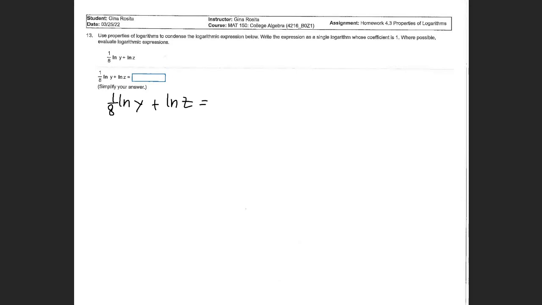Okay, this is power. Yeah, so you can write it as natural log y to the 1 over 8, plus natural log z.